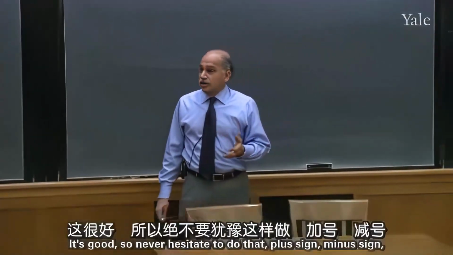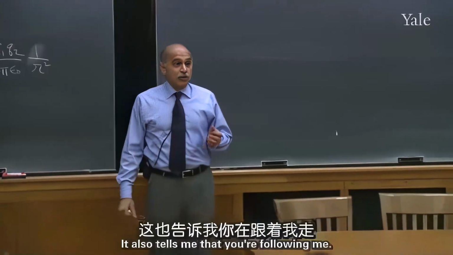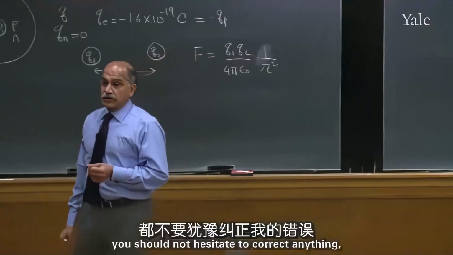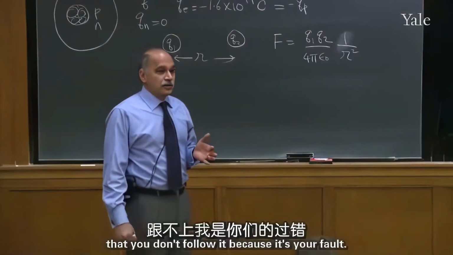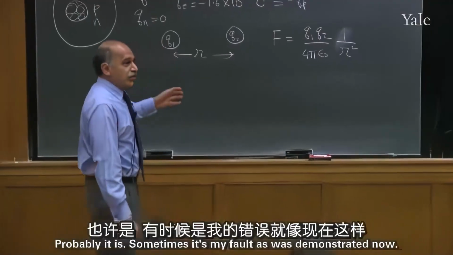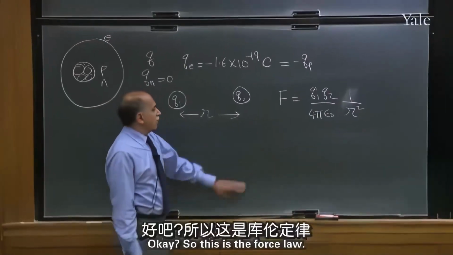Plus sign, minus sign, symbols, anything that goes wrong. It also tells me that you're following me. So for all those reasons, you should not hesitate to correct anything. And you should not think that you don't follow it because it's your fault. Probably it is. Sometimes it's my fault, as was demonstrated now. Okay? So this is the force law.